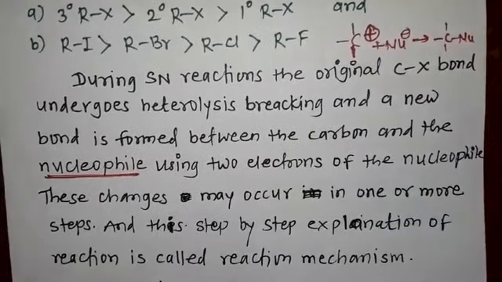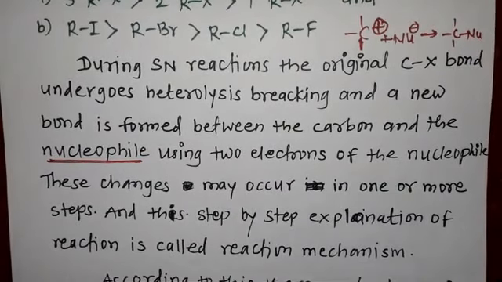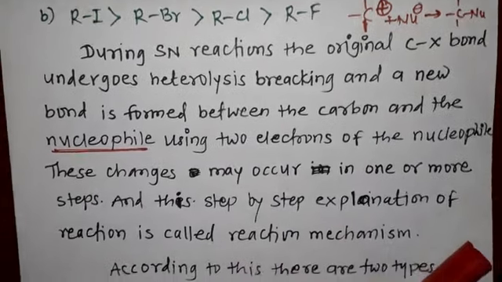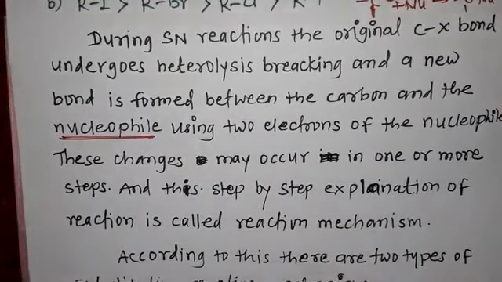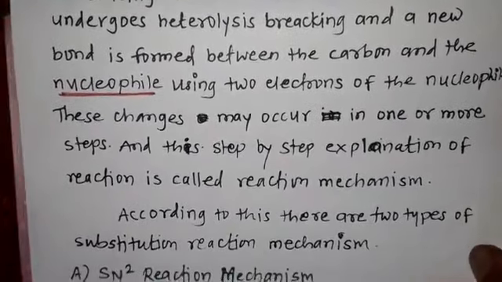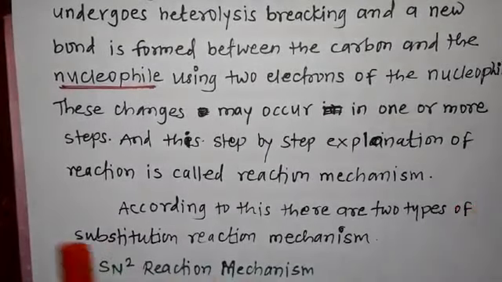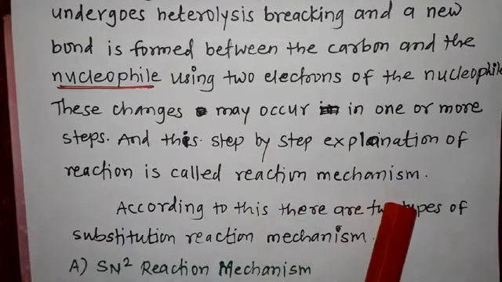And this change may occur in a single step or more than one step. And this step by step explanation of a reaction, in which we see how reactant gets converted into product, is called the reaction mechanism.